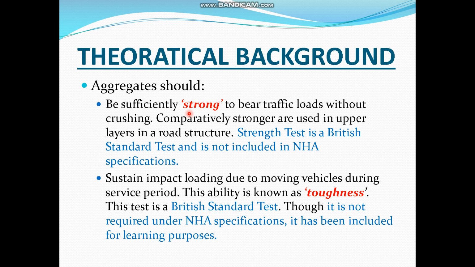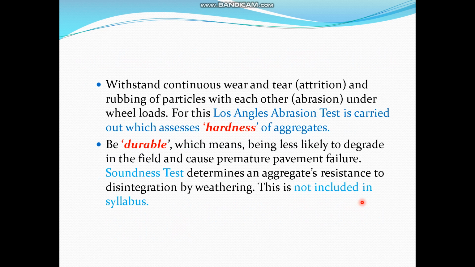The aggregate in the mold is then subjected to a compressive stress of 40 tons for about 5 minutes. The amount of material that has broken down is determined and the percentage is evaluated to see how strong your aggregate is, or whether it qualifies the strength criteria. So these are the 2 criteria, the strength criteria and the toughness criteria.